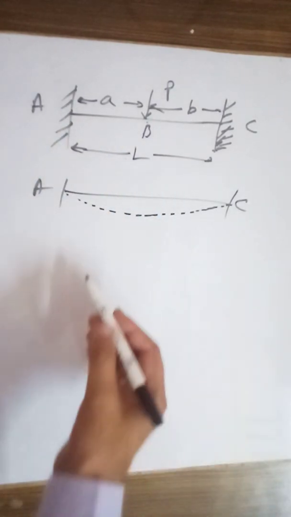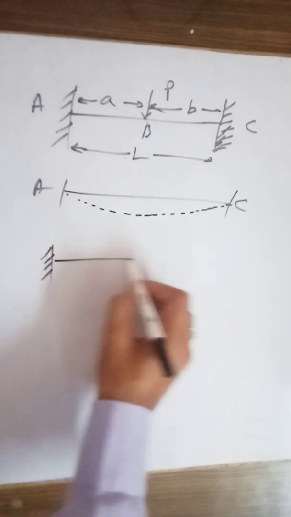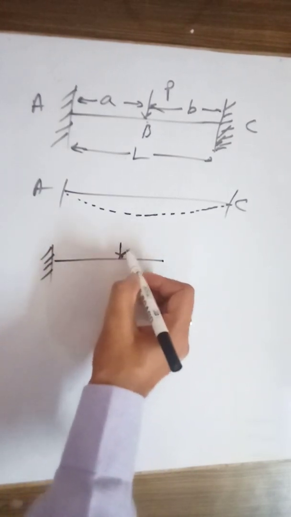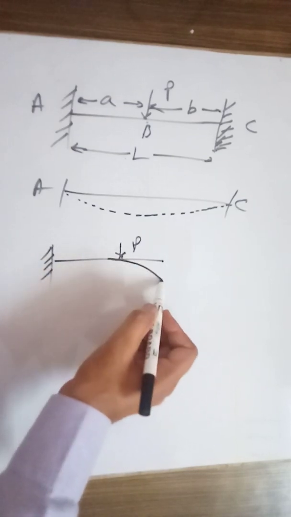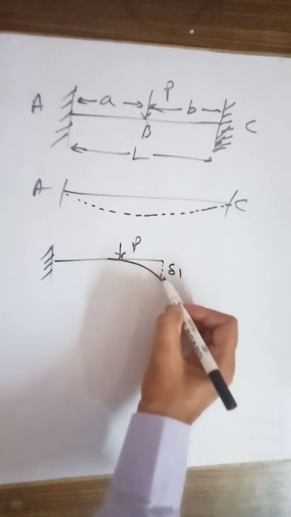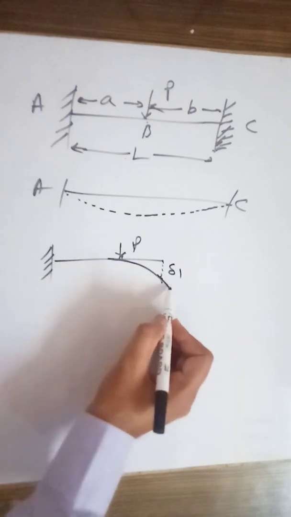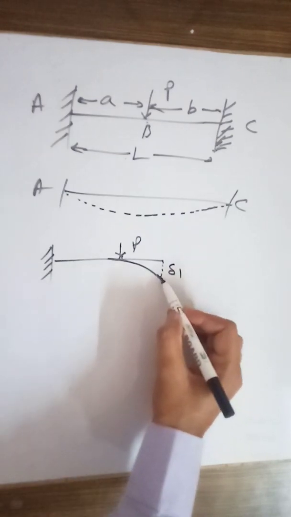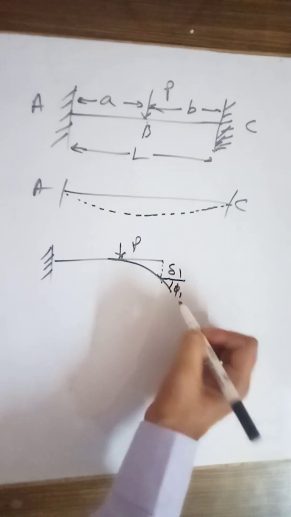To understand it in a better way, if this is our load p, what will be the bending? Let's say it is like this. Here it is our del 1, and if this curve goes like this and this is the horizontal, we can have the angle phi 1 here.